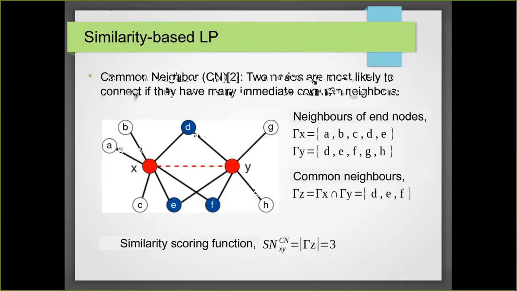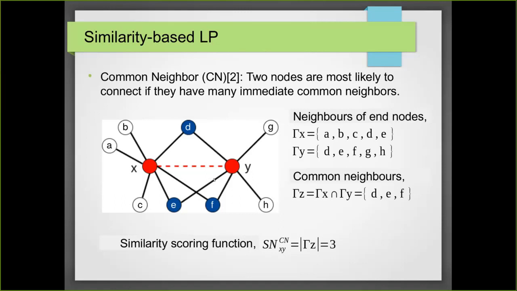Common neighbor is one of the simple similarity-based methods for link prediction. In the common neighbor method, two nodes are most likely to be connected if they have many immediate common neighbors.